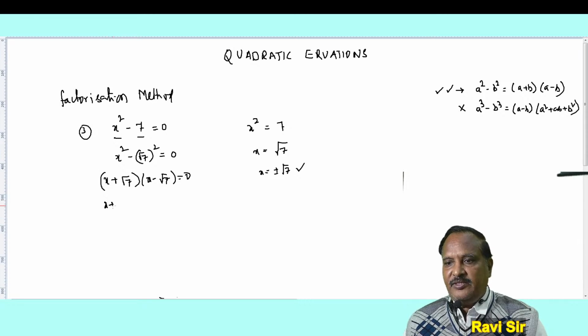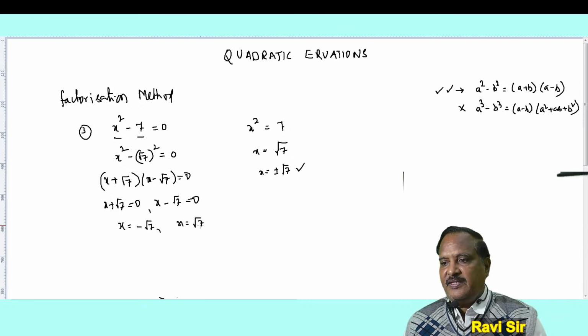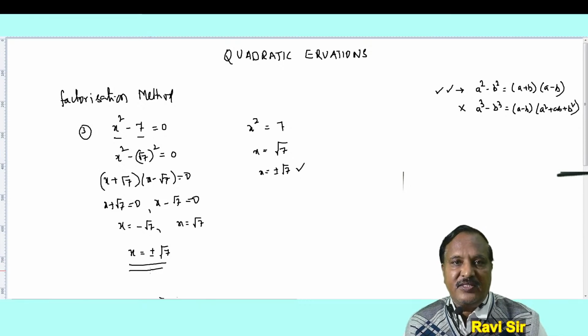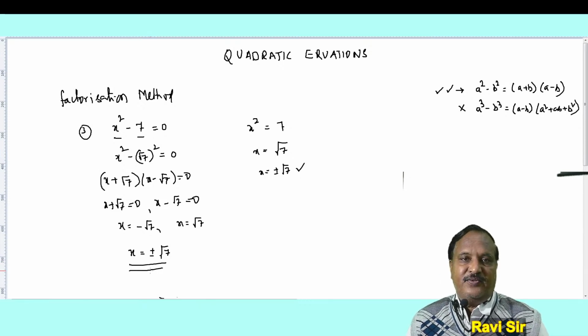So x plus root 7 is equal to 0 and x minus root 7 is equal to 0. I have applied the formula. x is equal to minus root 7 and x is equal to root 7. So finally we get plus or minus root 7. So two things, one is plus root 7, the other one is minus root 7.